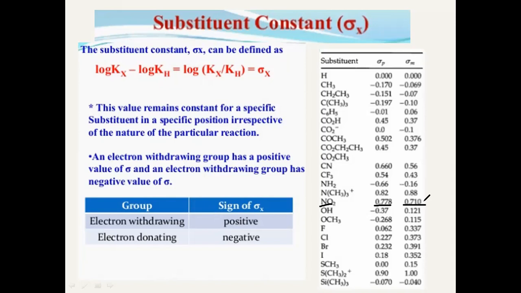This means the nitro group has more effect at the para position and less effect at the meta position. Ortho is not studied; Hammett did not study ortho substitution, nor aliphatic compounds.